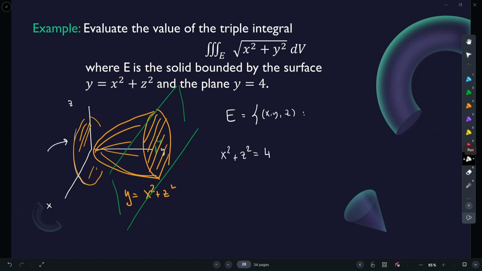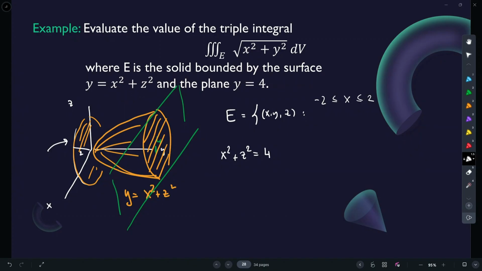So that is a circle of radius 2 in the xz plane. And I can describe that in x, for example, radius 2. So the x goes between -2 and 2.